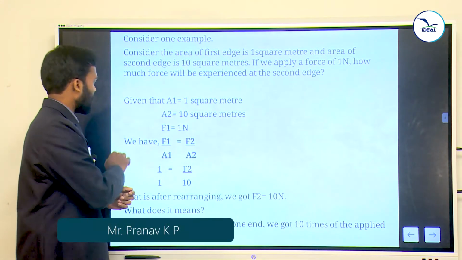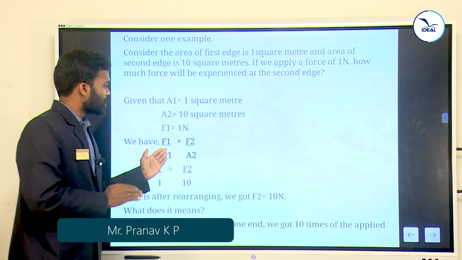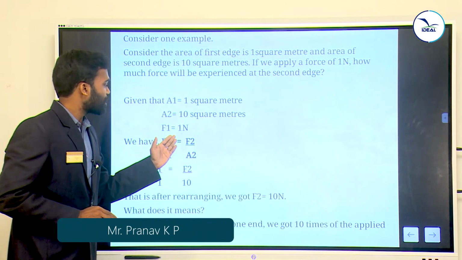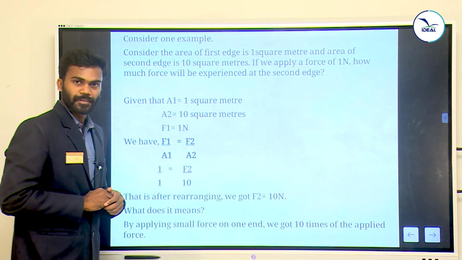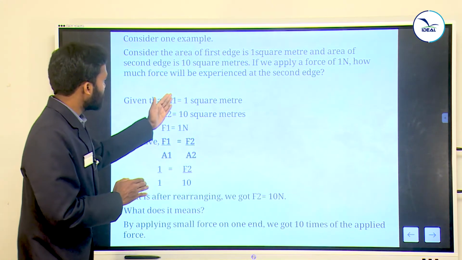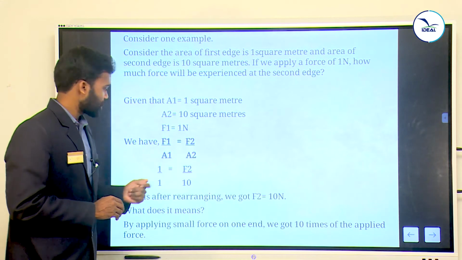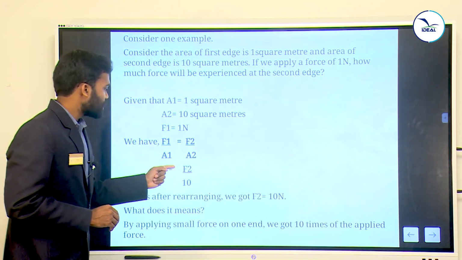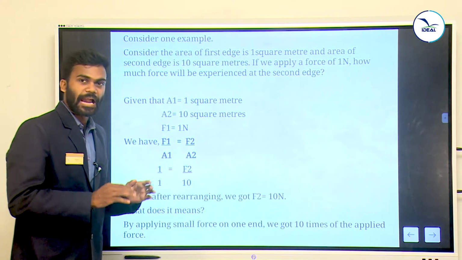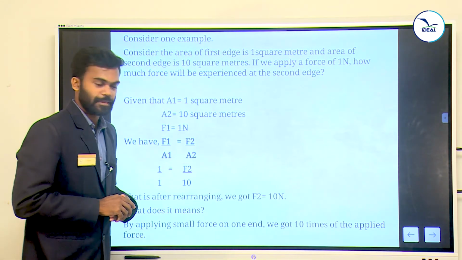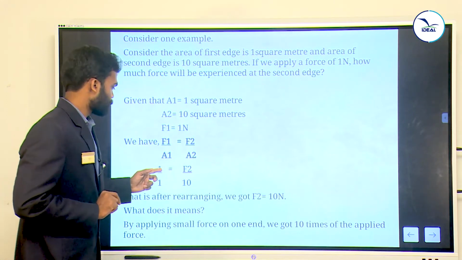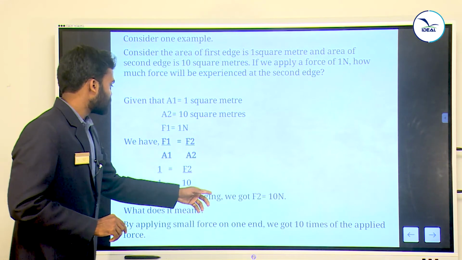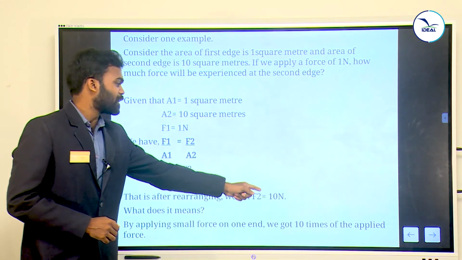We have the equation F1 by A1 is equal to F2 by A2. Now we are applying these values to the equation. That is 1 divided by 1 is equal to F2 divided by 10. We have to calculate F2. After rearranging, we got F2 is equal to 10.